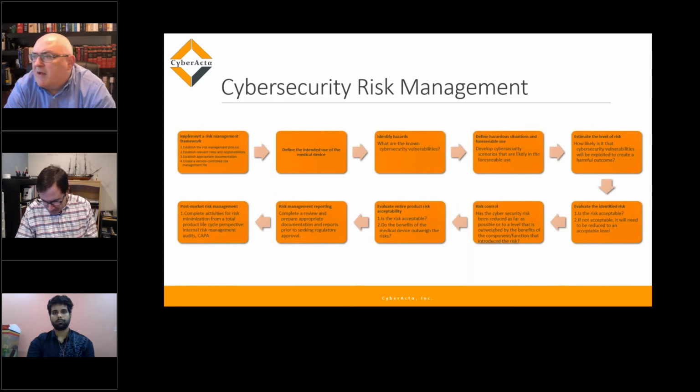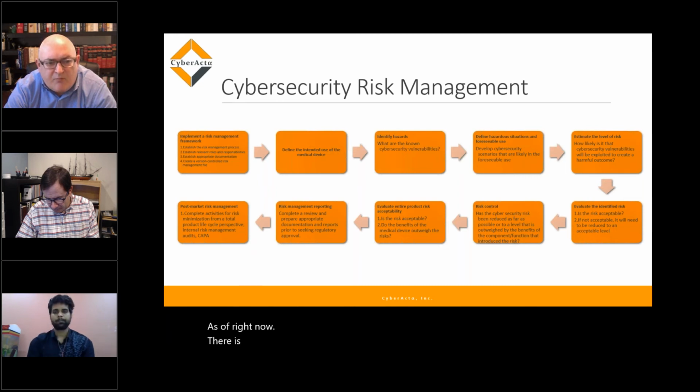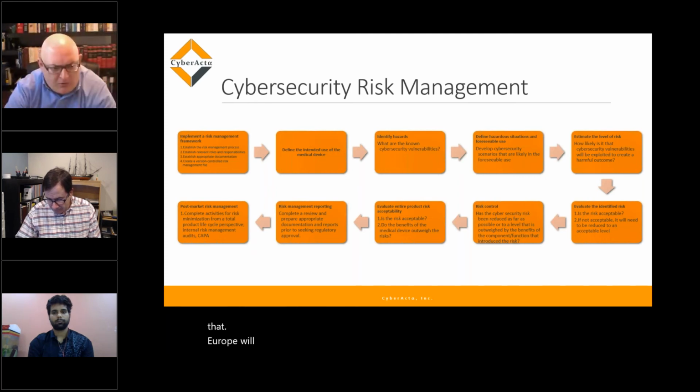One key point from AI and machine learning, especially with software as a medical device, is that as of right now, there's not a unified process for AI and ML across countries. Theoretically, the requirements that FDA has are different from what Europe will have, or Australia or Singapore or whatever else.